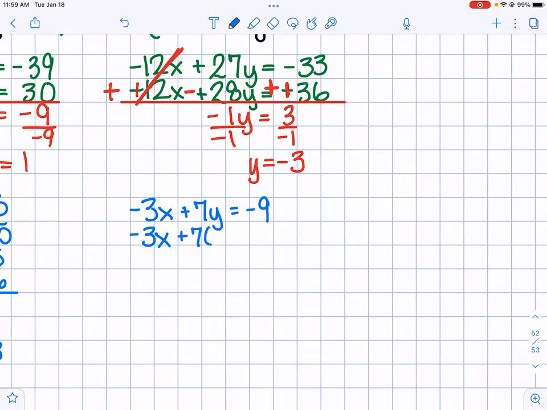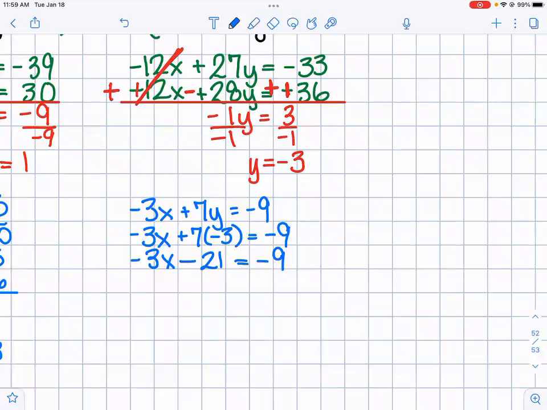Negative 3x plus 7 times negative 3 equals negative 9. Give you a second to write. Okay, so what's 7 times negative 3? Negative 21.